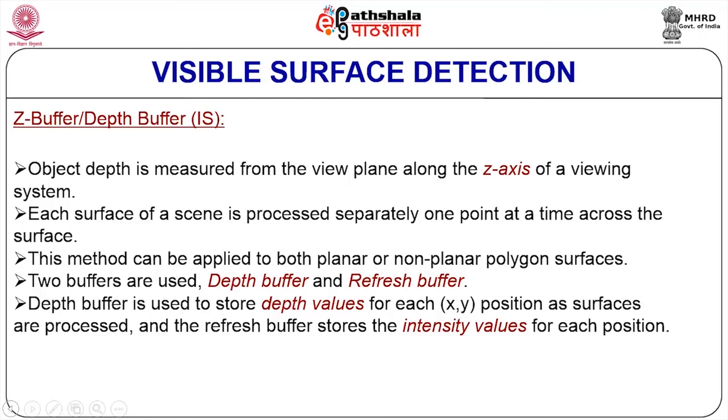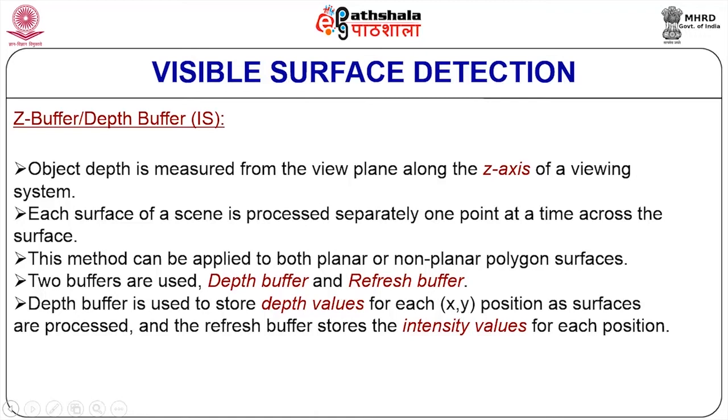Again, planar polygons are of interest to us. Non-planar polygons are ones where one of the vertices is not in the same plane as the other vertices of the polygon. So, they are still polygons, but they are non-planar.